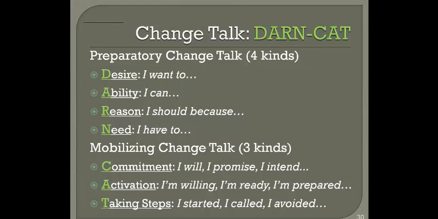Mobilizing change talk is a bit more intense when you hear it being said from a patient. These mobilizing change talk are things like one's commitment, so I will, I promise, I intend to make a change. They may be an indication of one's activation, how the patient has wrestled through their willingness, their readiness, and their preparation, and is ready to move forward onto the next step of change. Or it may also indicate their preparatory actions, they're taking steps toward the change itself.